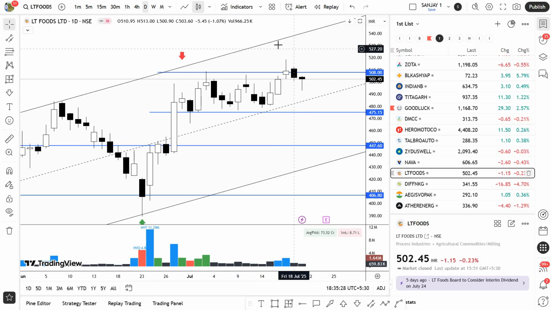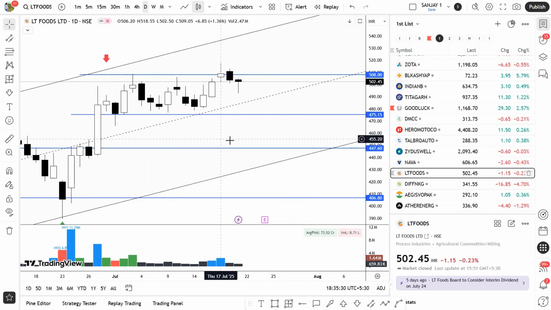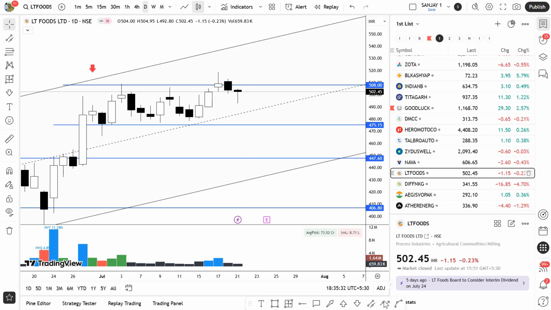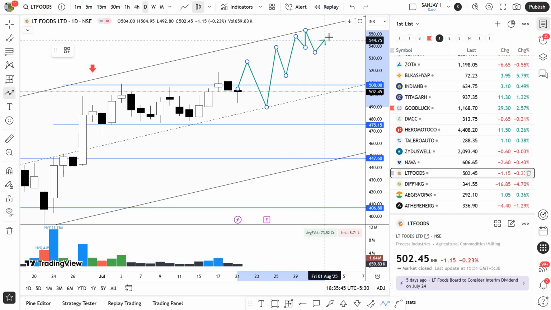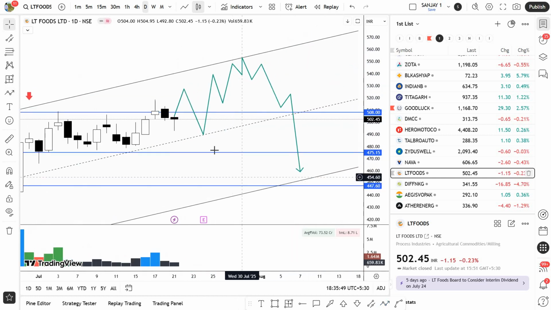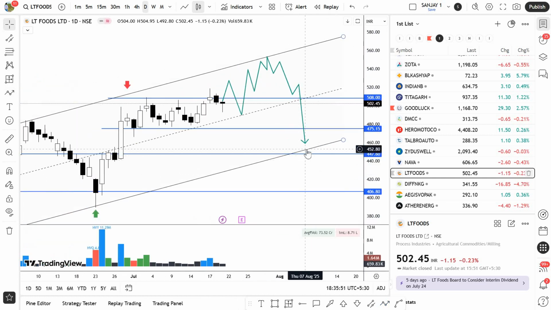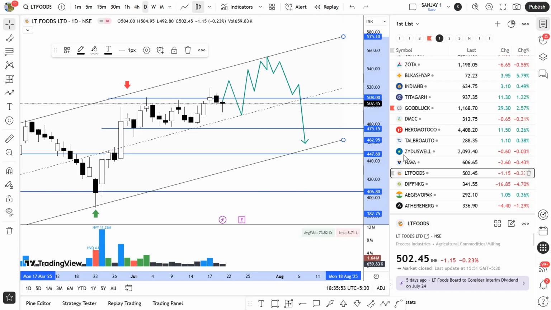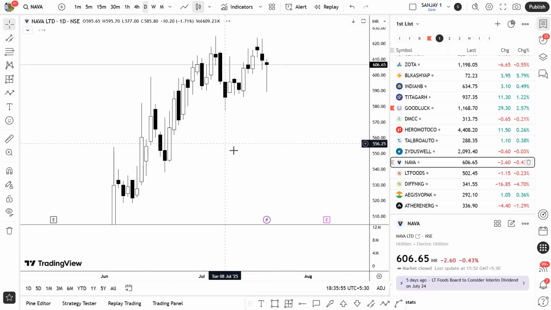Okay, there is a channel resistance, and even if this moves, then it is going to move like this. It will take a lot of time to hit this particular resistance just to fall down towards the low of this trend line. Alright, there are a lot of structures like this.